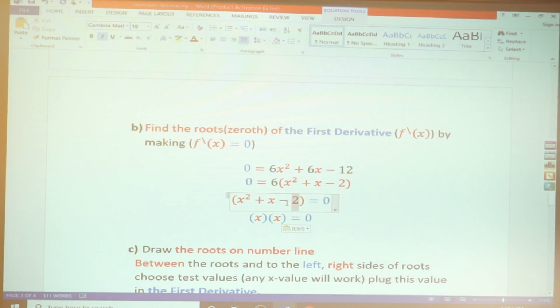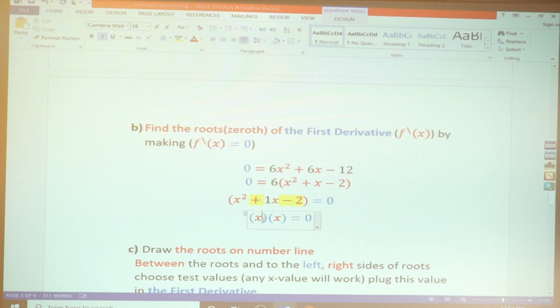If I multiply them, I get -2, and if I add them, I get 1, the coefficient here, which we don't have to write. Multiply to -2, add up to 1.